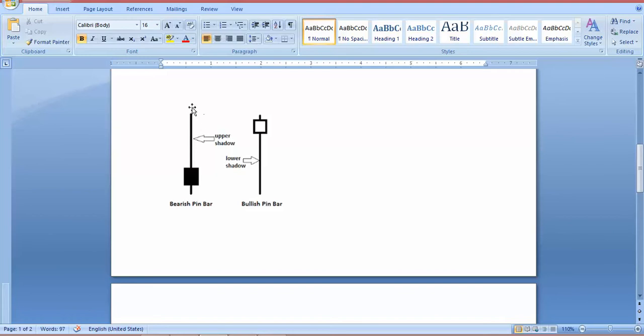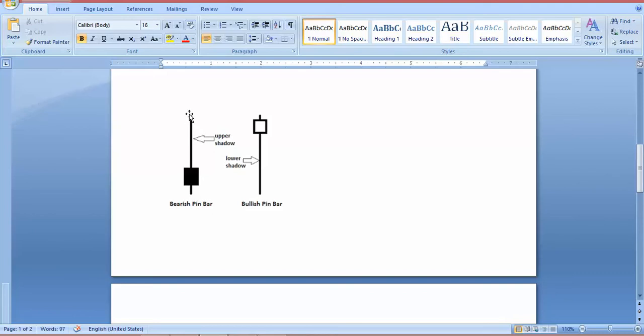The pin bar tells you, for example, we have the bearish pin bar and the bullish pin bar. Now you can see that it has a long wick or shadow, then there's a small body here, then a small wick. When you see a candle like this, it basically tells you that we opened here, went all the way up, but we couldn't close up here.